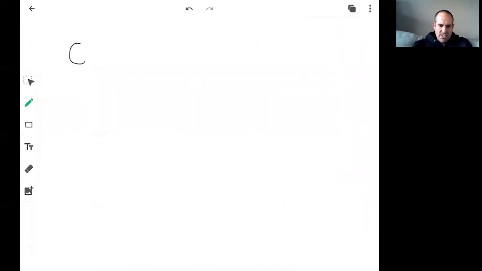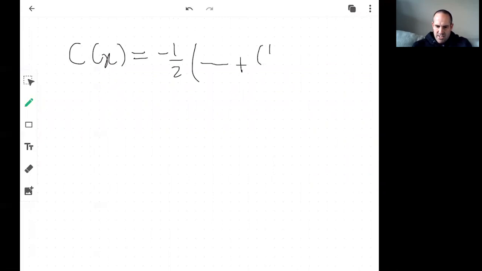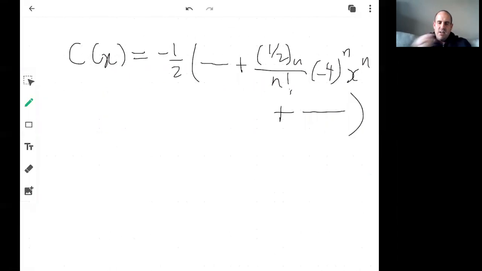So what we discovered is that C of x is equal to negative 1/2 times, the sum of 1/2 falling n over n factorial, negative 4 to the n, x to the n, plus, etc. I'm going to go ahead and plug in what 1/2 to the n is.